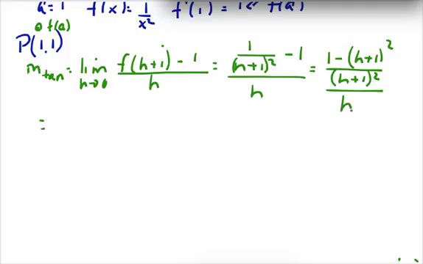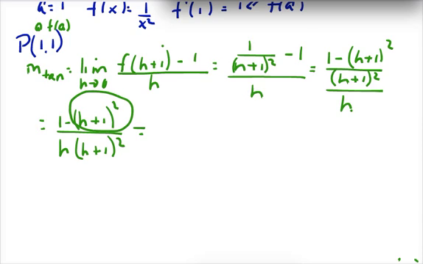Continue to work on this algebraically, and we're going to move that one term down in the denominator, and you're left with 1 minus h plus 1 squared, divided by h times h plus 1 squared. I've got to expand this term, which is the next task at hand.